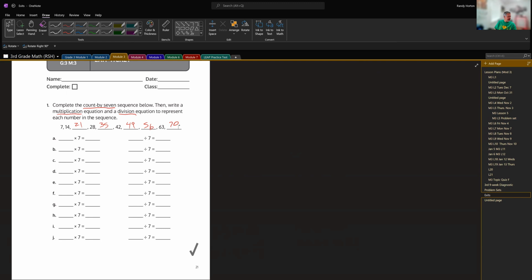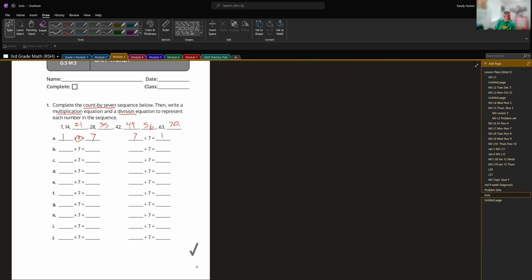What times 7 equals 7? 1. 1 times 7 is 7. And on the division side, we're going to take this multiplication and turn it into a division equation. So just do it in reverse. 7 divided by 7 equals 1.